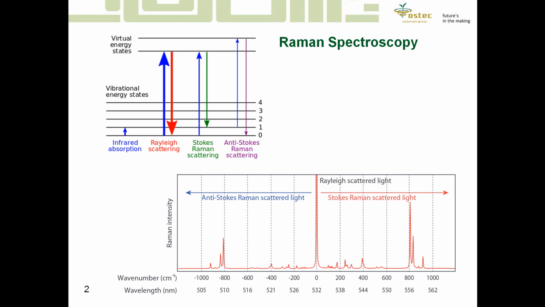Therefore, if we measure shifted photons, which could be shifted both in Stokes, to lower energies, or in anti-Stokes, to higher energies, and measure the spectrum of these photons, we will find very sharp peaks which are different for different structures. This is a kind of fingerprint of materials, and by making this spectroscopy we can identify chemical structure and some physical parameters.